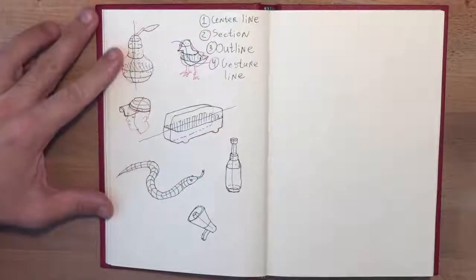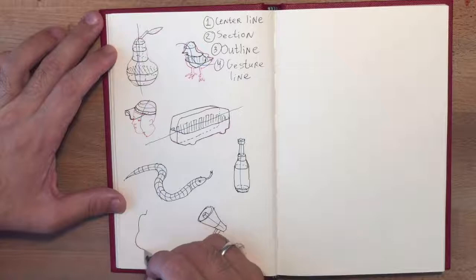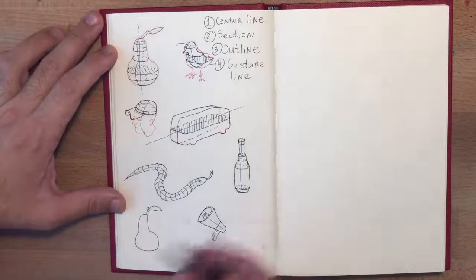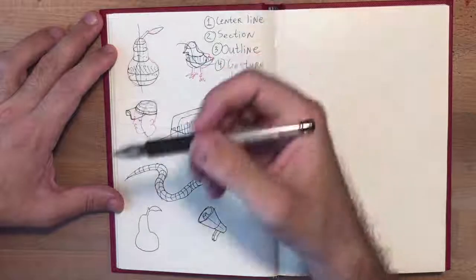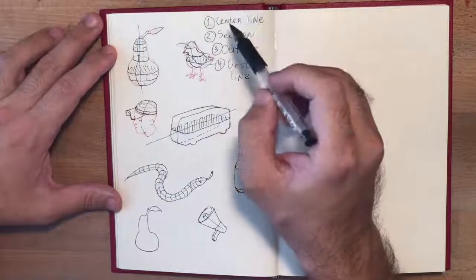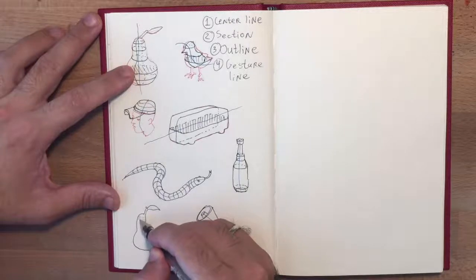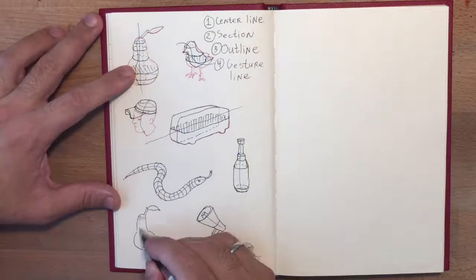For example, if I draw a pier, it will be this outline, and then I need to draw some details, right? But what kind of lines will I use? I will use lines leaning on a form, and this form has this center line, like vertical lines. So if I draw a line here, it will be in this direction.